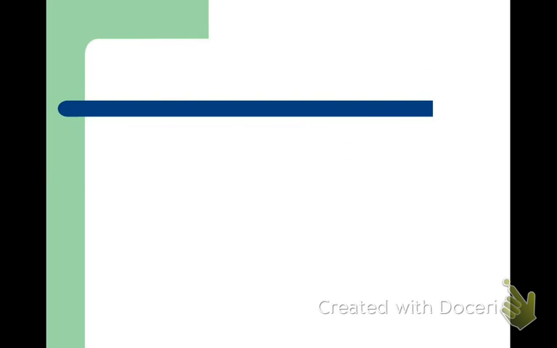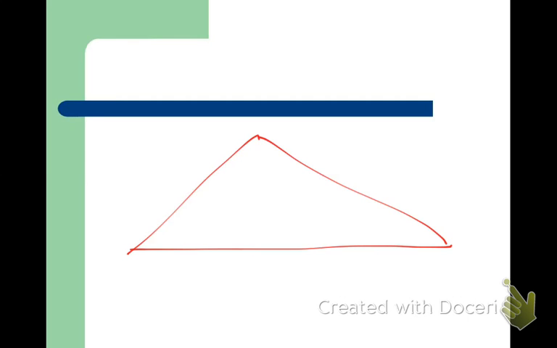So where does this come from? And like I said, I'm going to try to be brief about this. It comes from dropping an altitude in the middle of a triangle. So let's say this is 20 degrees and this is 10. And we also know that this is, say, 50 degrees.